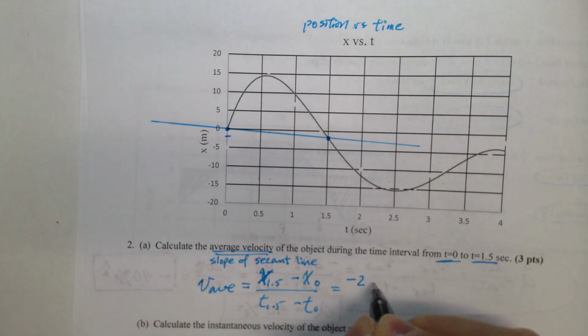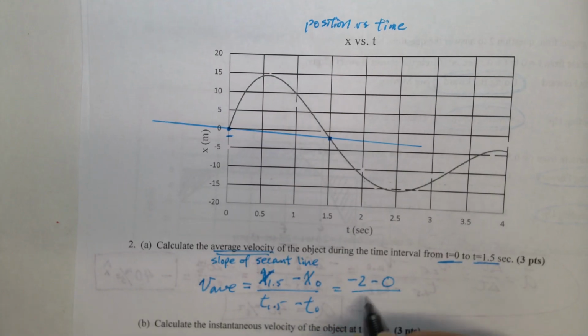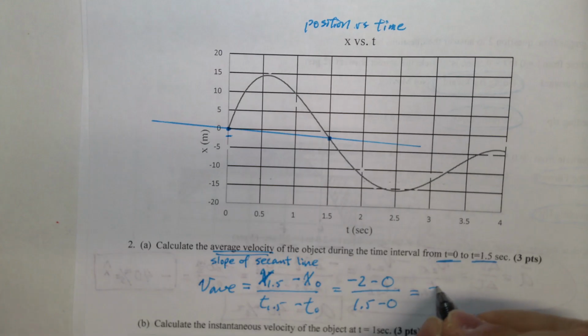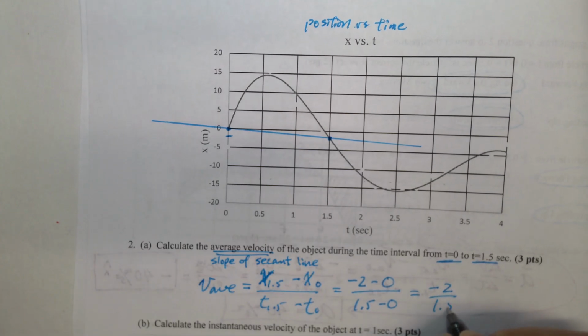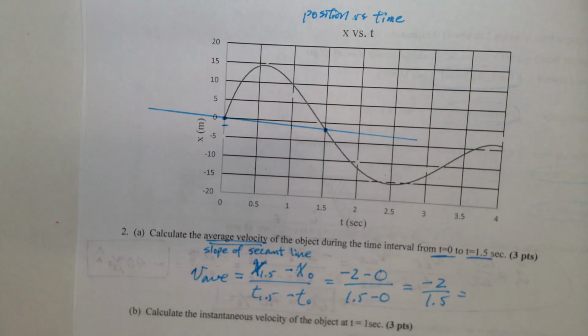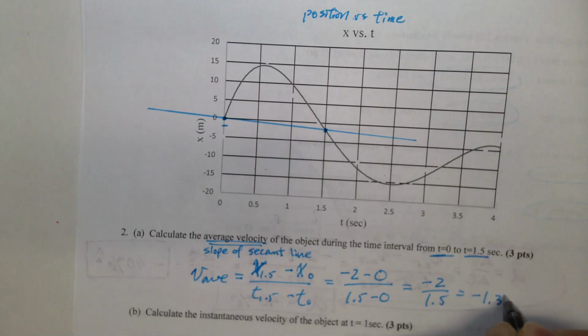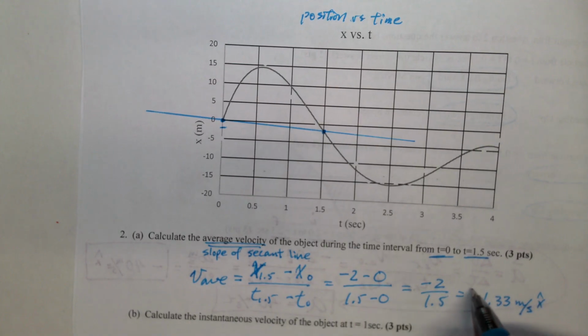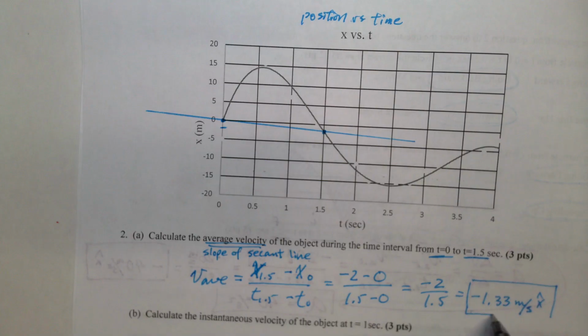So -2 minus 0 over 1.5 minus 0. So what is that equal to? -2 over 1.5. So what is that? It looks like -1.33 meters per second as your x hat, as your average velocity.